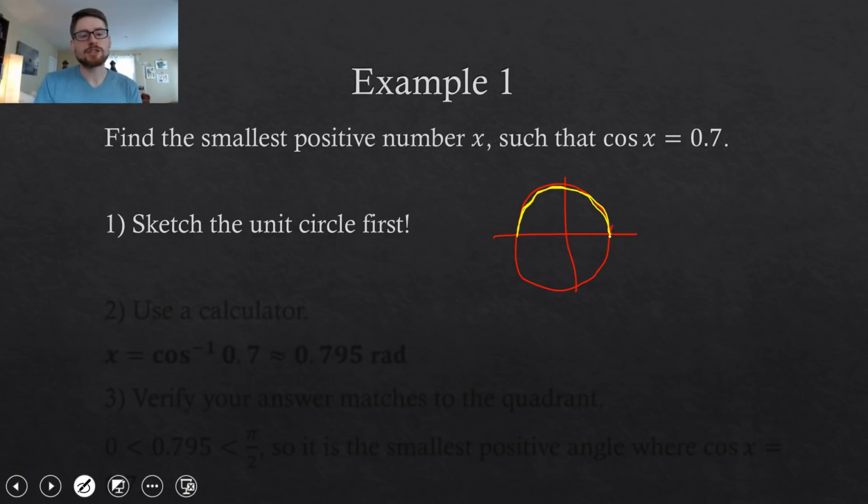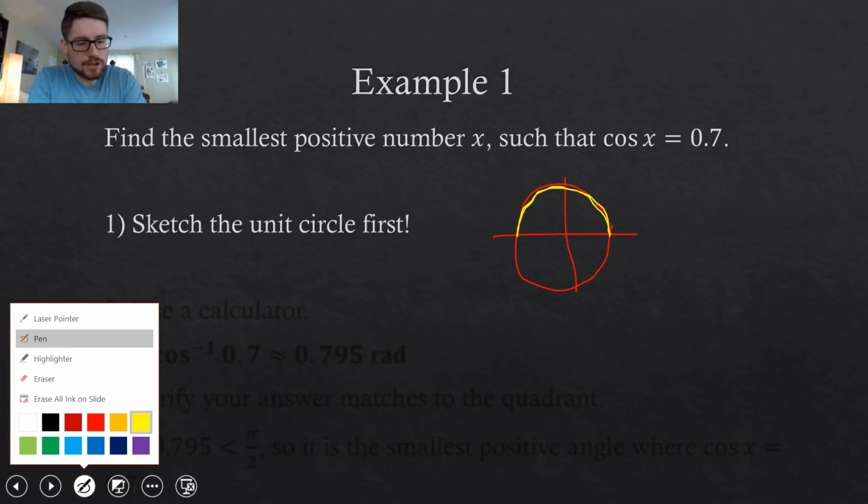And that's actually what we want for this, because we're looking for the smallest positive x, where cosine of that angle is 0.7. And so that first x is going to be between 0 and pi. So this is a great candidate for just using the inverse function and finding the answer.